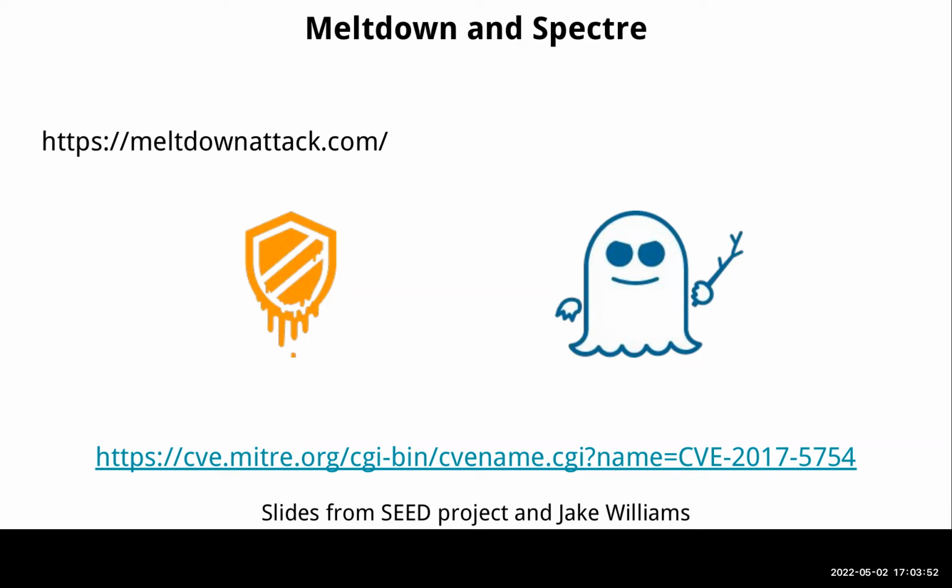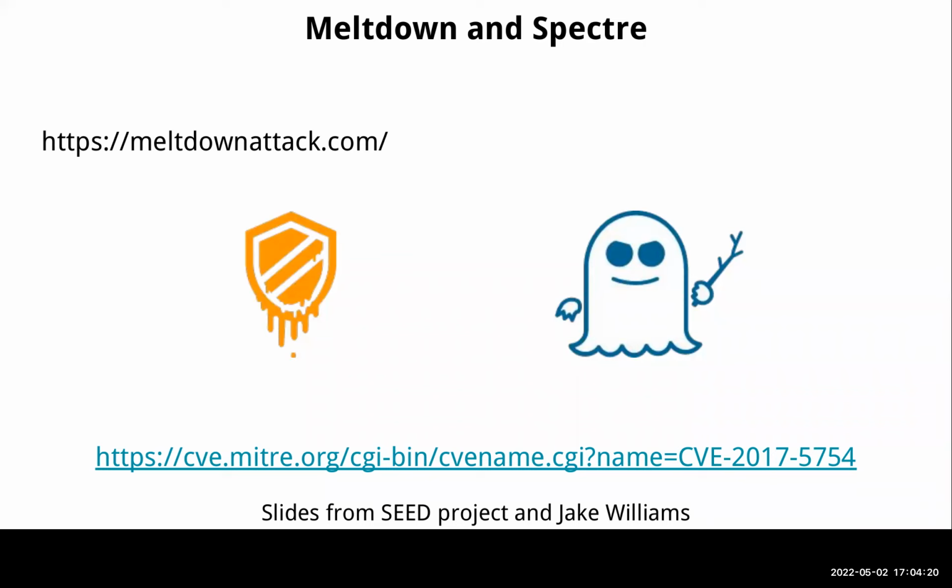Meltdown was discovered back in 2017, I believe, and made public in early 2018. If you search Meltdown and Spectre, you will find a lot of news articles from back then. It was a huge thing, one of the most important discoveries in the last decade in security.